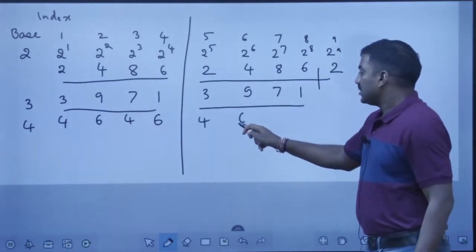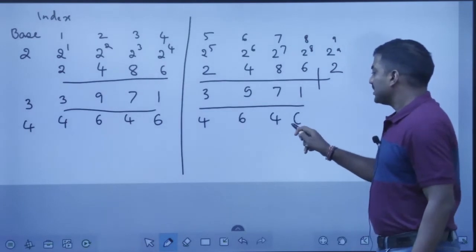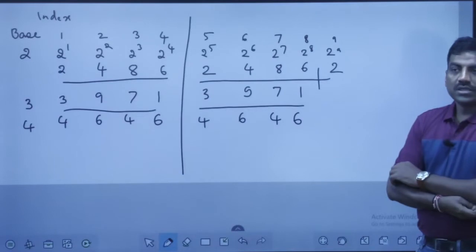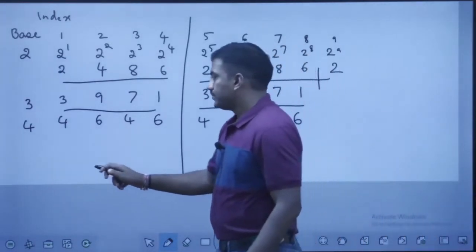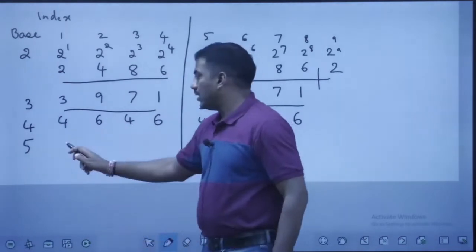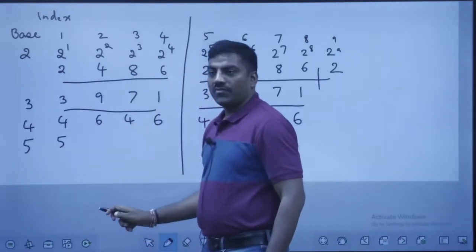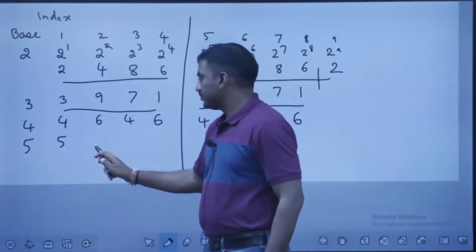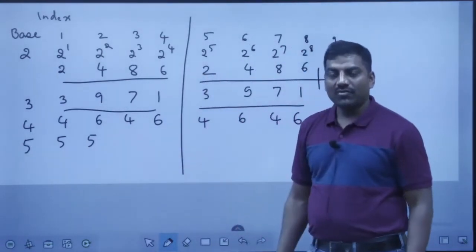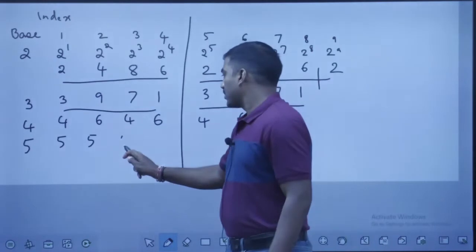Then 6, 4, 6. For numbers like 5, 5 to the power of 1, 5 to the power of 2, 5 to the power of anything will end in 5.